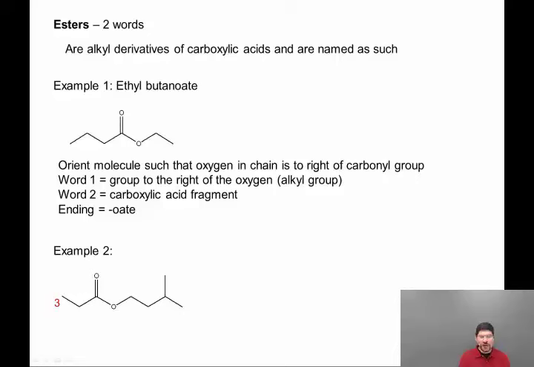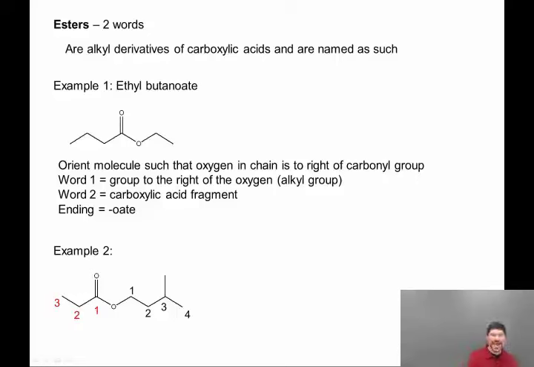Let's look at another example. In this molecule, we have a branch on the right-hand chain, if the molecule is drawn as I've indicated that you draw it, and we have to have 2 separate numbering schemes. We need a numbering scheme for the alkyl fragment and then a separate numbering scheme for the carboxylic acid fragment. For the alkyl fragment, we've got a methyl group on carbon 3, and it is a 4-carbon fragment.